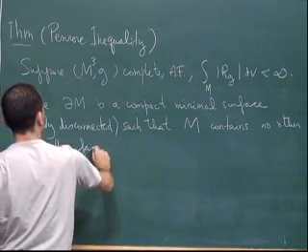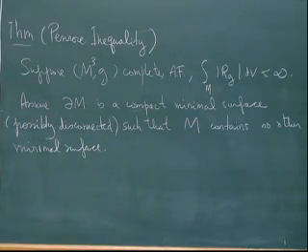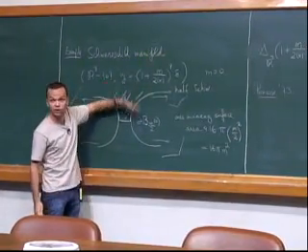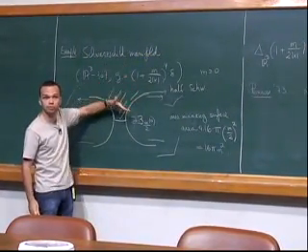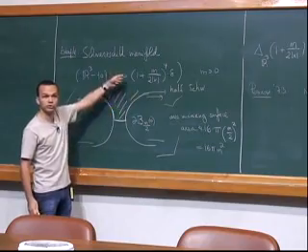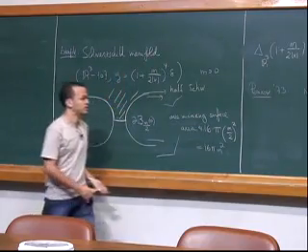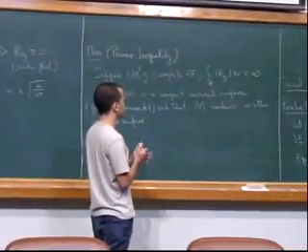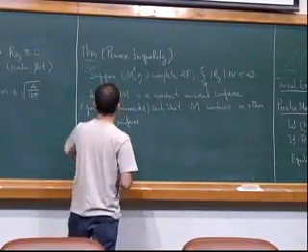As I said, it's not enough to be a minimal surface. You need the region to be such that there are no others, right? In the Schwarzschild, for example, these leaves have positive mean curvature, so you can easily see by the maximum principle that there are no other minimal surfaces inside this region. So that's an assumption for the Penrose inequality, and I'm going to explain why this is needed.